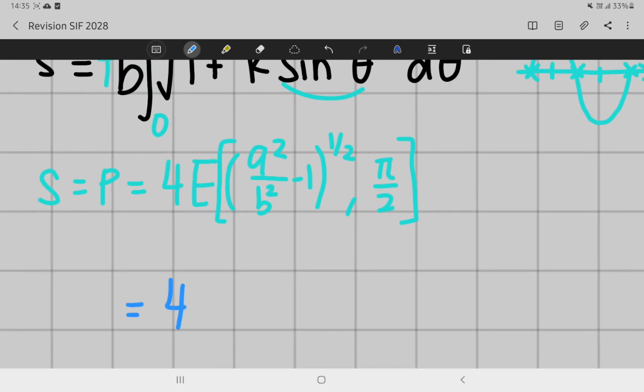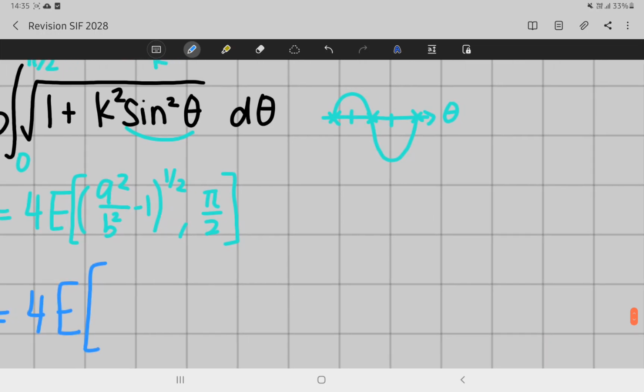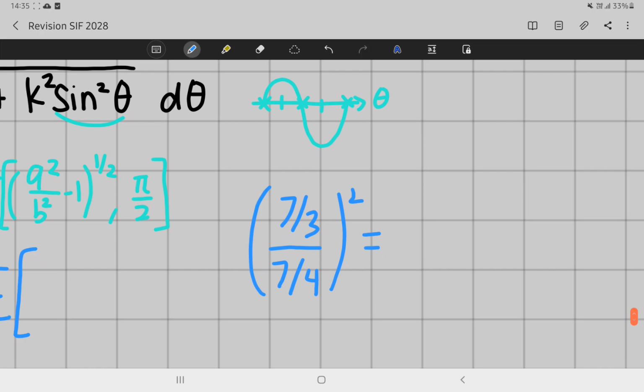So 4 times the E, of 7 over 3 divided by 7 over 4, all square. So this is 7 over 3 times 4 over 7, so it's 4 over 3 square.